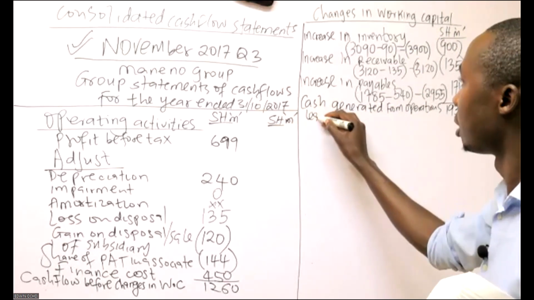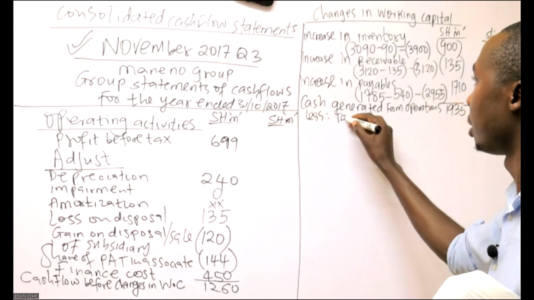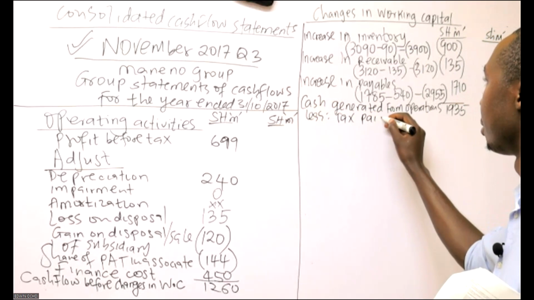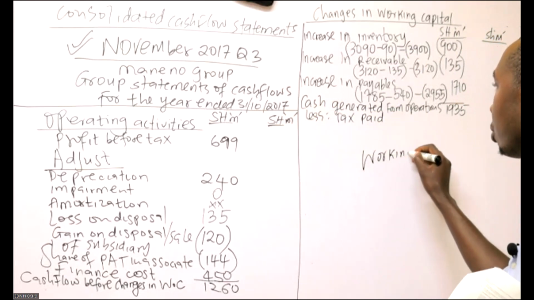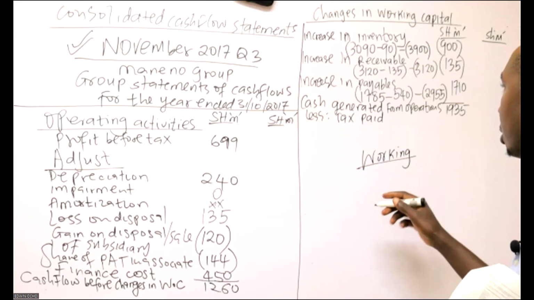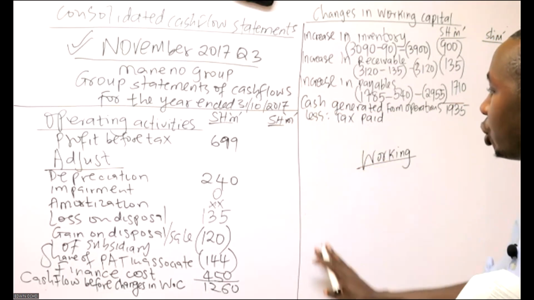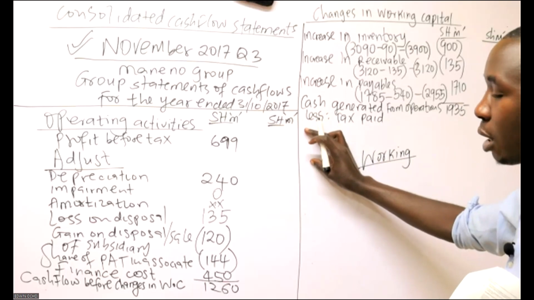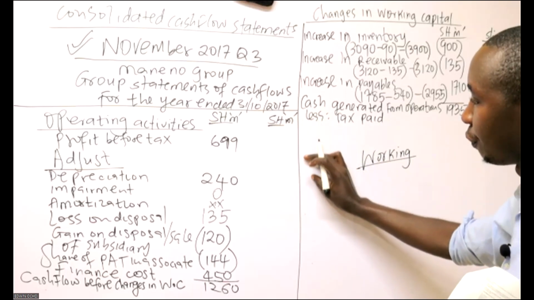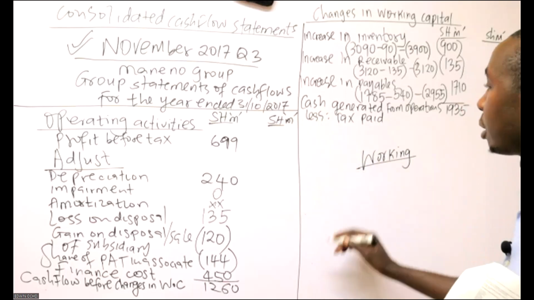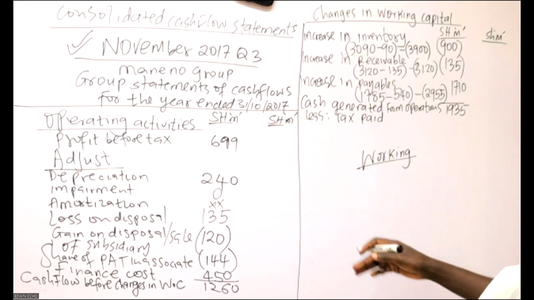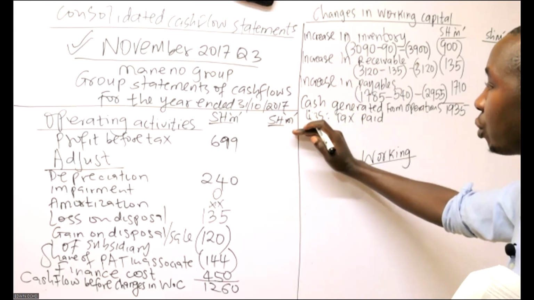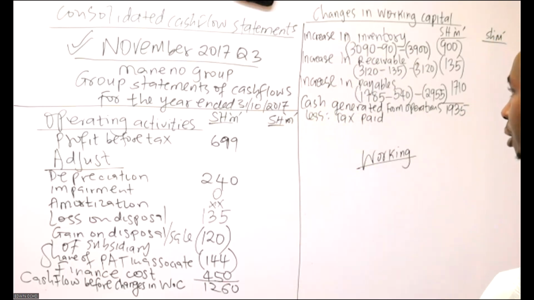And what I will deduct here is tax paid. So now for the tax paid, I have to do a working. So these are workings, you will do them elsewhere. Remember, you have to skip around a page because there are 2 activities remaining. I will be talking about investing and financing. So in your workings, maybe you do it after skipping around a page. Well, this statement continues with the investing and financing activities.